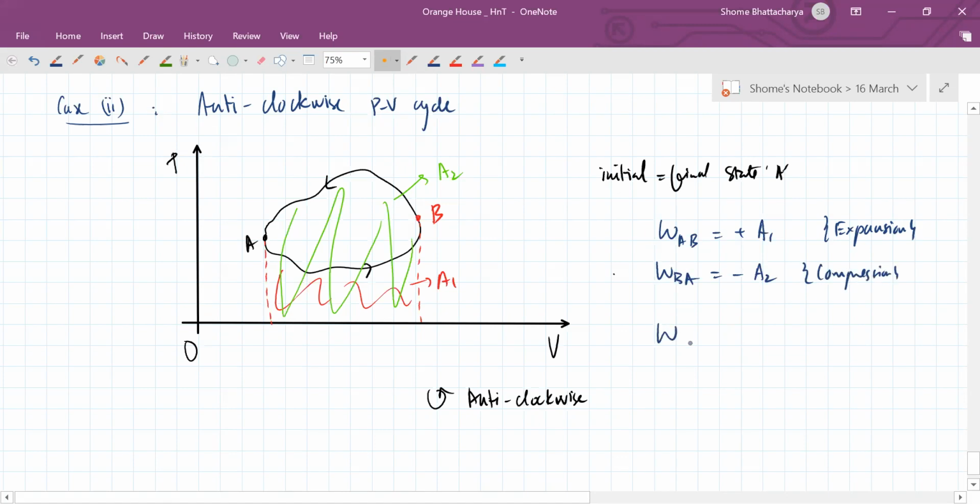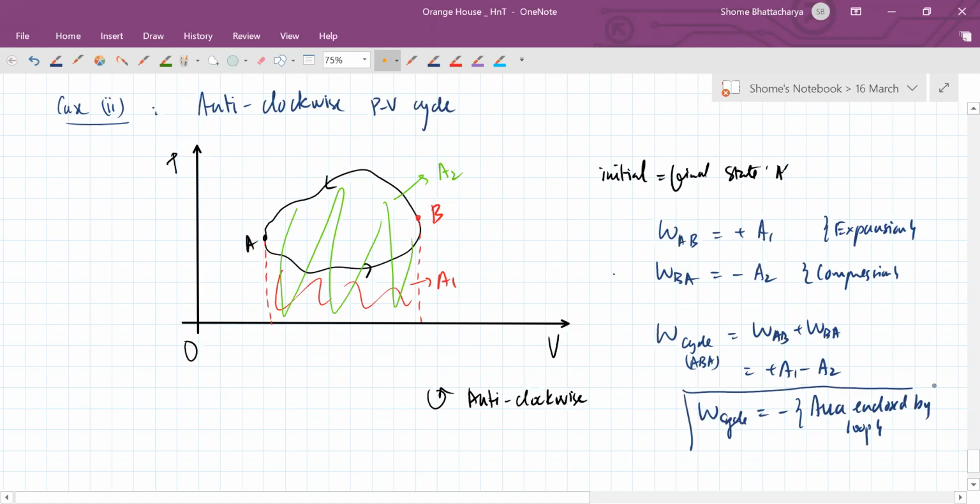So now you can see that the work done in the cycle ABA, that is work done from A to B plus work done from B to A, algebraic sum, is plus A1 minus A2. So it becomes negative of the area enclosed by the loop. Okay. So this is what happens in the case of an anti-clockwise cycle.